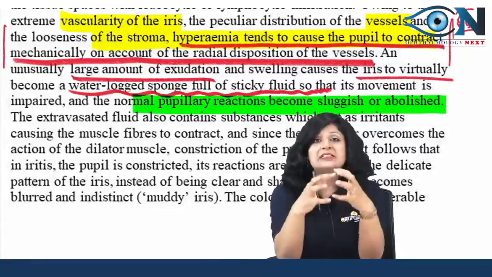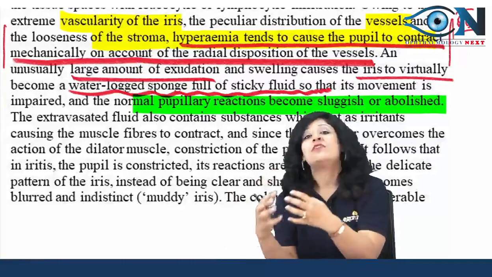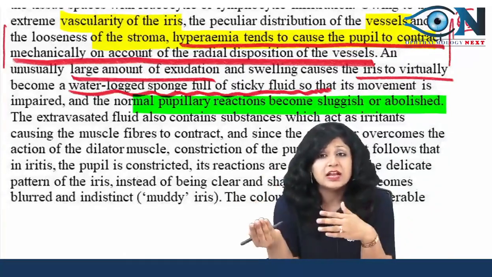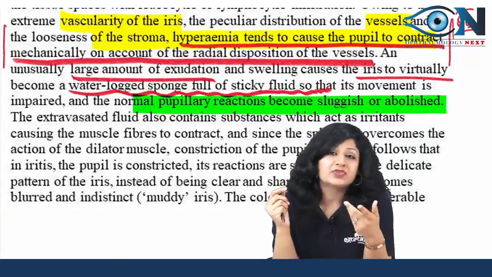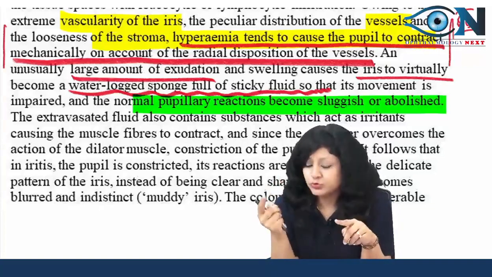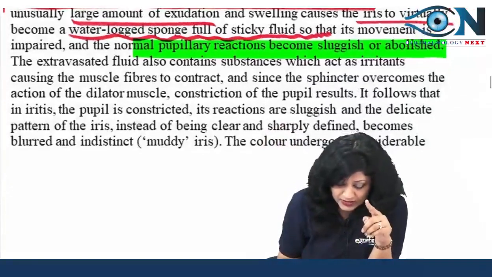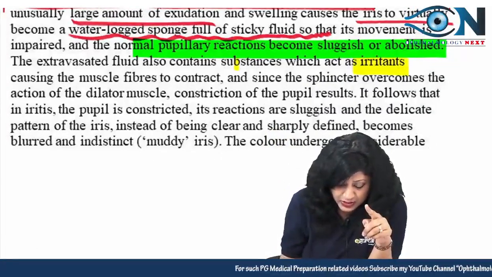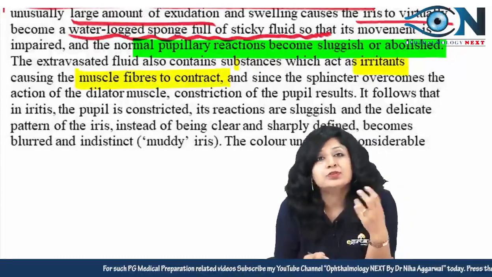So that typical structure of the iris that we call the collarette pattern will be disturbed. And apart from that, we will also have a sluggish reaction because the pupil will not be able to show the reaction. The extravasated fluid will also contain substances which act as irritants, so that also causes the muscle fibers to contract.